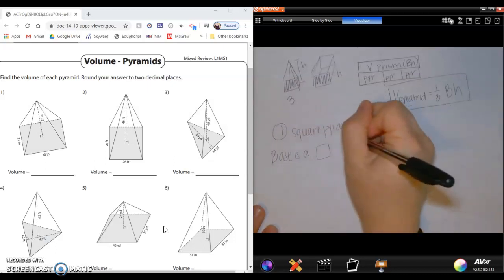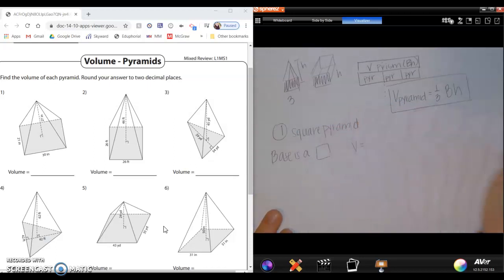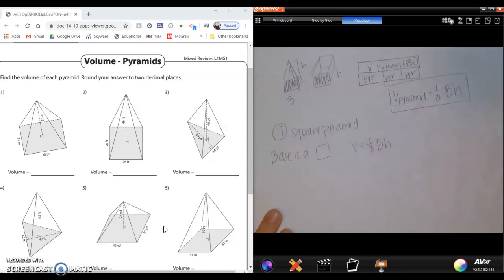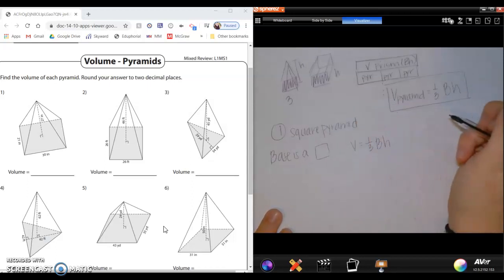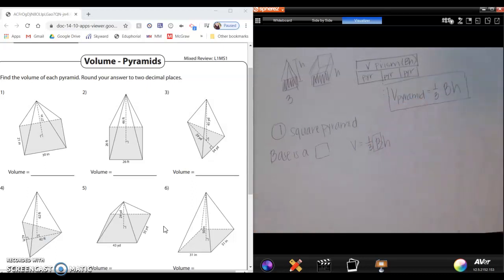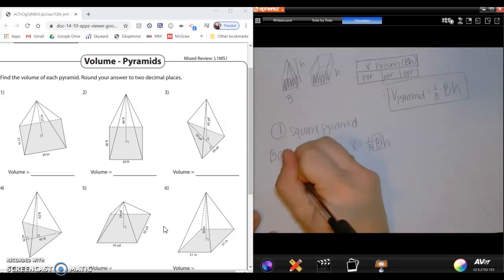And then it says it's a pyramid, which means when I look at my formula chart, I know volume will equal 1/3 the area of the base multiplied by the height. Just like we did with our rectangular prisms, I will put a box around the area of the base because it is a square. I know 1/3 won't change, but I can find area of the base.